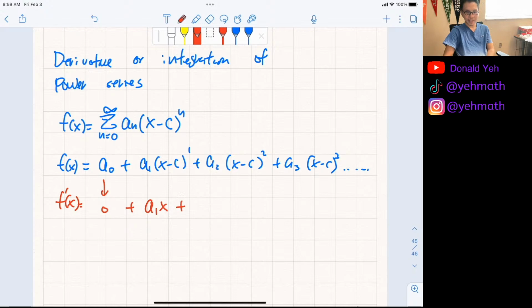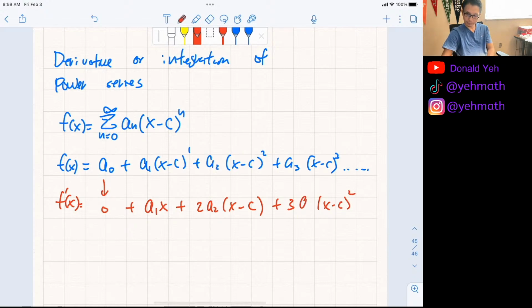How about the derivative of a2 times x minus c squared? We have to use the chain rule, but it doesn't matter because the inside is x minus c, so it's times 1. So it'll be 2 times a2 times x minus c. Then 3 times a3 times x minus c to the second.